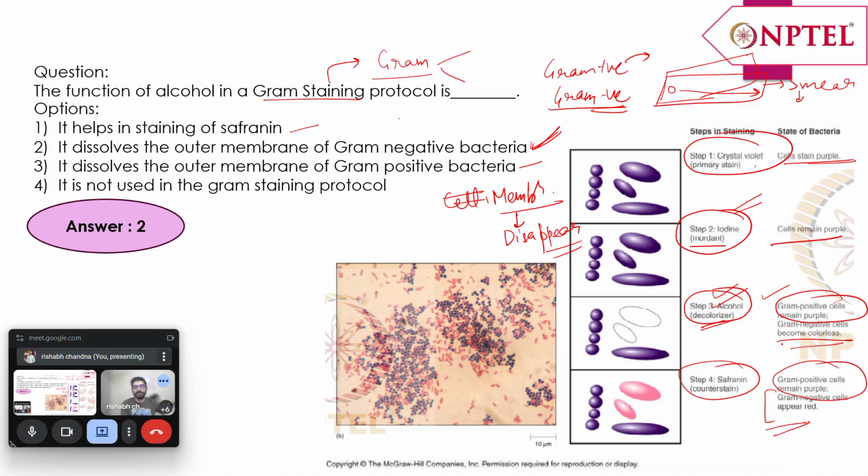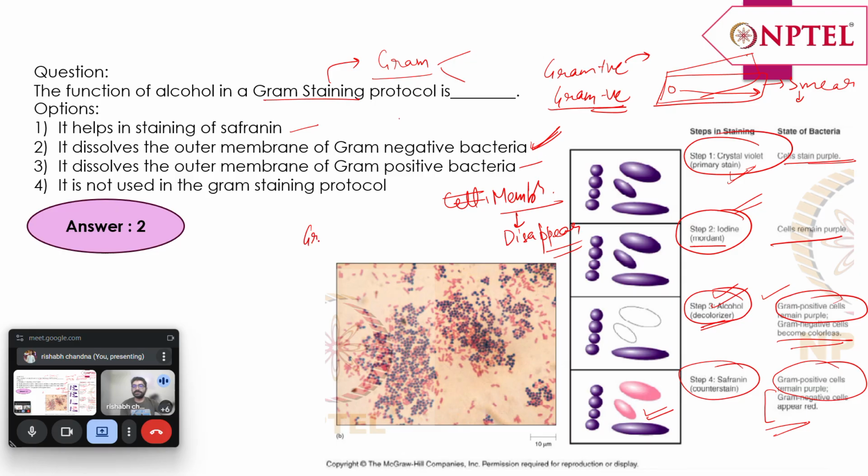The purple colored cells that retain the crystal violet color are called gram positive cells, and the cells that do not retain this purple color and appear pink after the imaging are called gram negative cells.